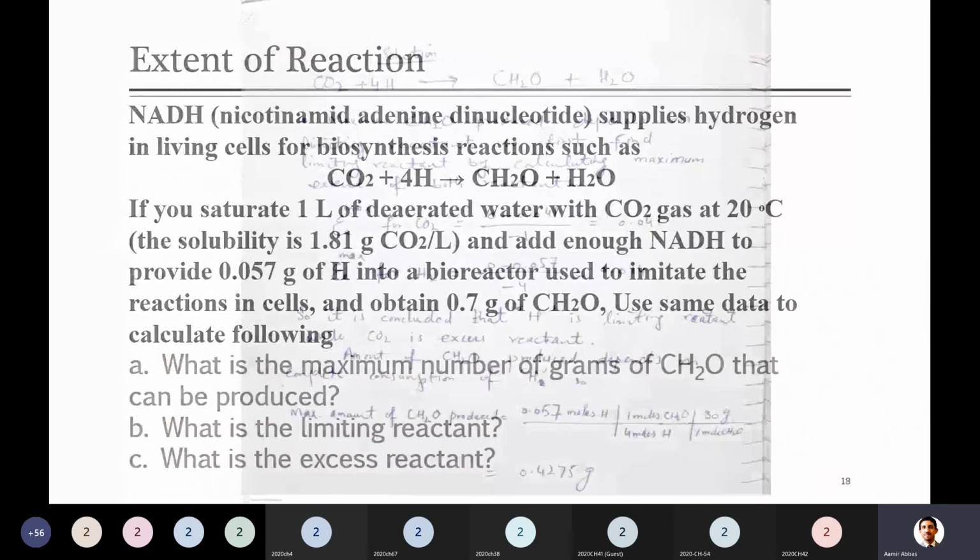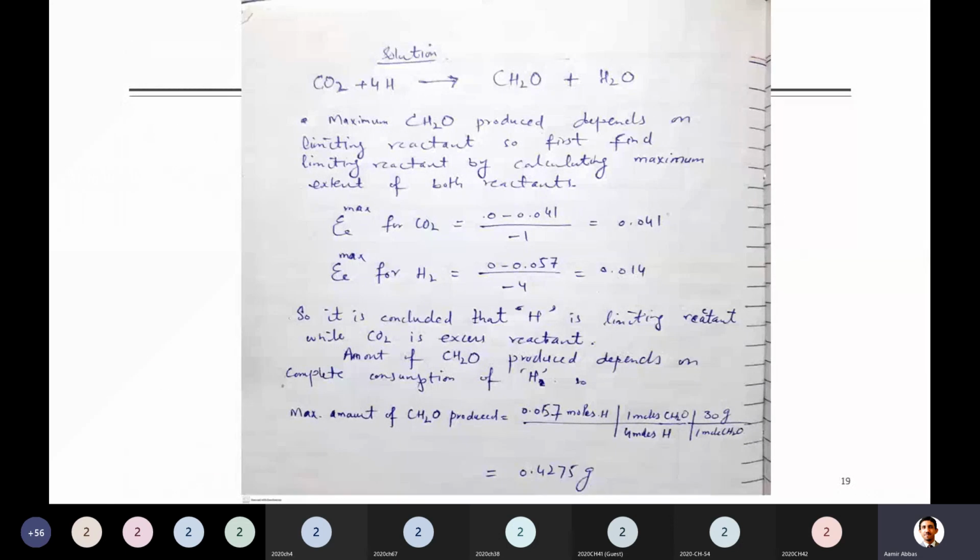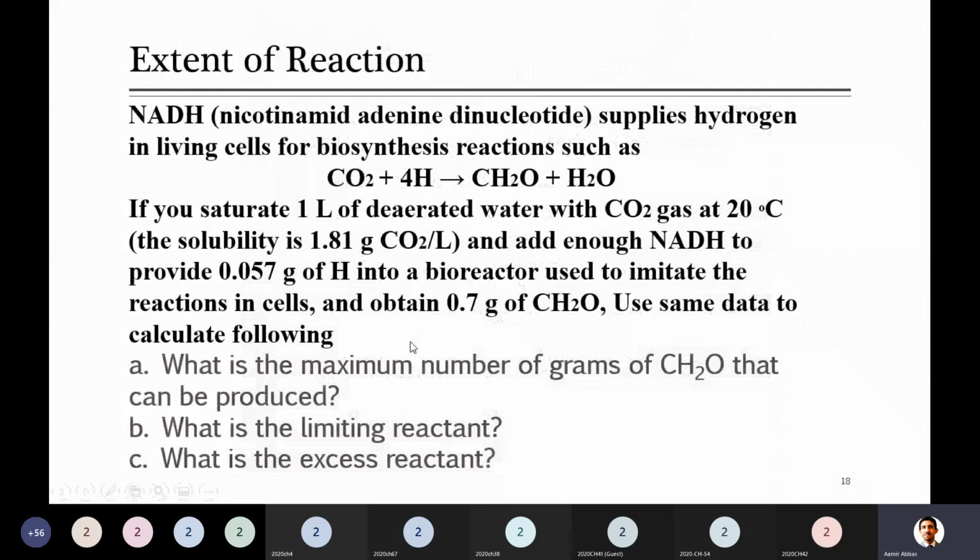So when you look at its solution, first of all, this is the equation which you have. So the maximum CH2O, if you have to decide, it will depend on which component? CH2O is one product.